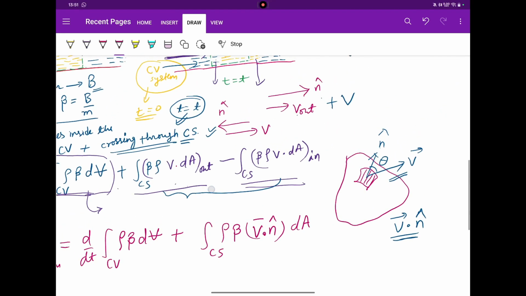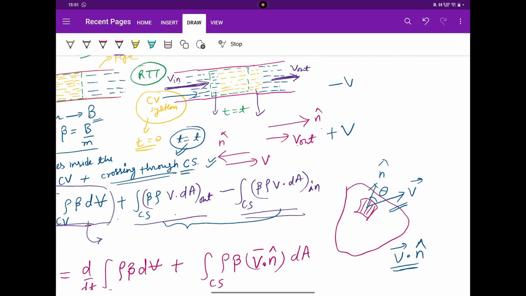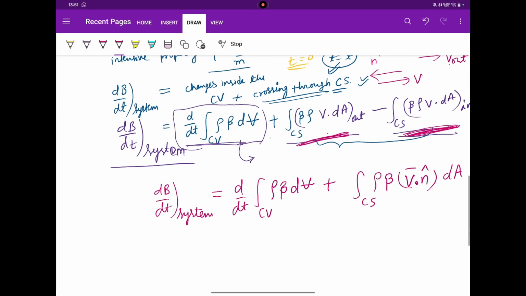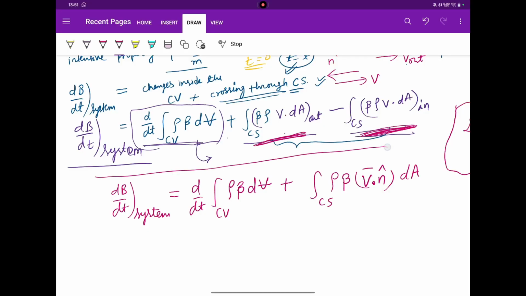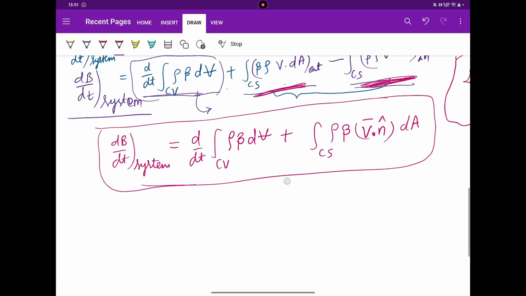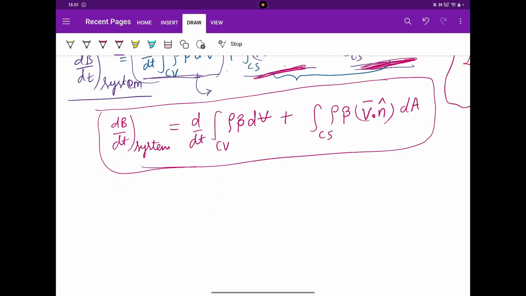Tell me, at the inlet v dot n is negative, so at the inlet you will subtract. At the outlet this is positive, so there you will add. So this is your Reynolds transport theorem. And we will use it to derive several equations, for example, conservation of mass, which we often don't care about in solid mechanics.